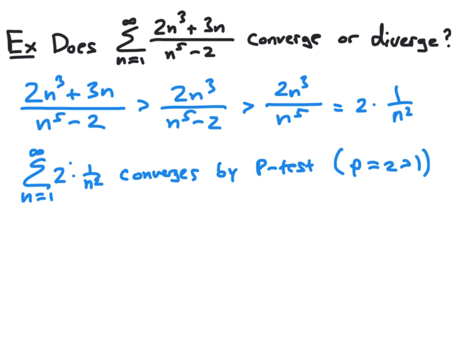And so we have a series that we're comparing to a convergent p-series, but the inequality here is pointing in the wrong direction. In order to use the regular comparison test, we would need our given series to be smaller than our convergent p-series. Therefore, for this particular series, we don't have any choice, but we need to use the limit comparison test in order to compare these, since the inequality is pointing in the wrong direction.